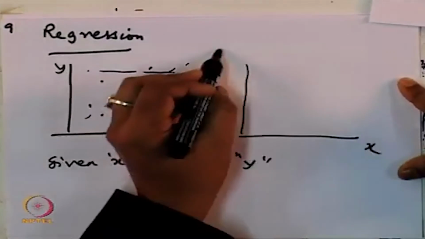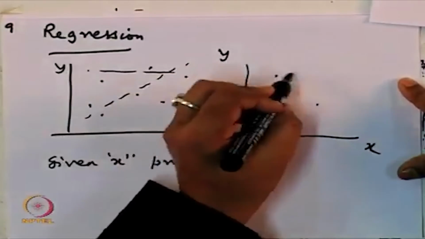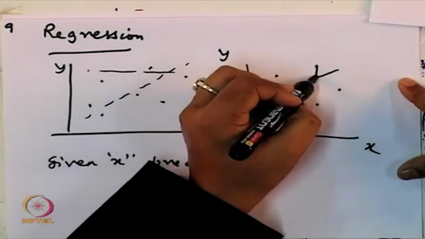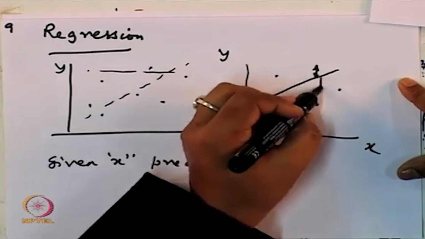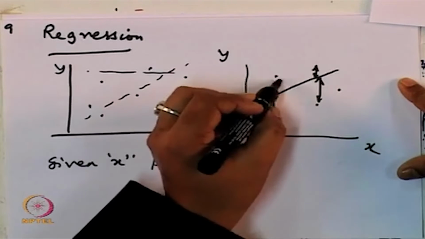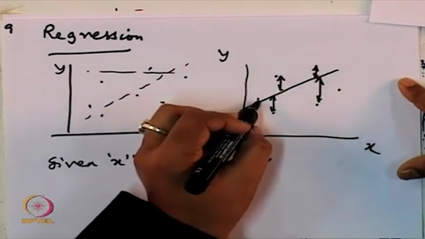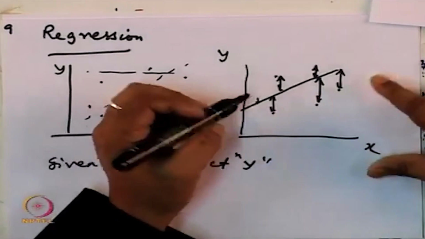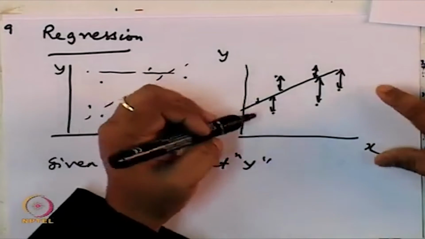So, if you have x, you have y, and you have these points, you draw a line such that the errors which accumulate for each of these points away from this line are small. For each point you can calculate how far the estimate is from the actual value.